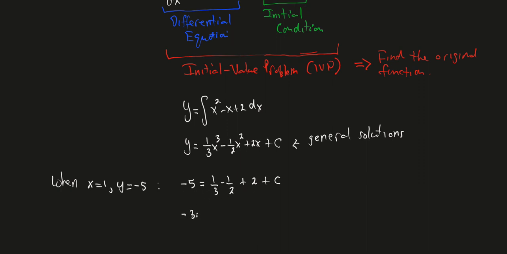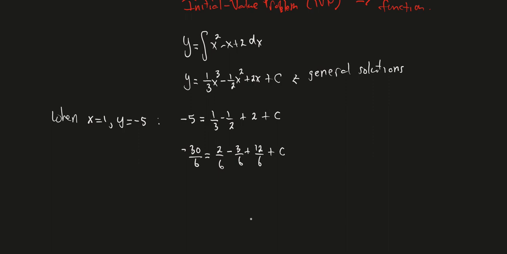So this will be -30 over 6 is equal to 2/6 minus 3/6 plus, I wrote 2/3, but this is 2/6, and then plus 12/6, and then plus c, right? So solving this for c, what do we get? We have -30, and then I have to subtract 2, add 3, subtract 12, and that's all over 6, and that's equal to c.